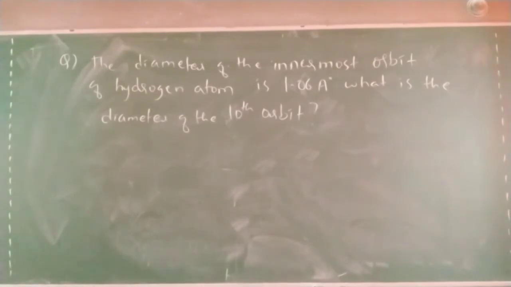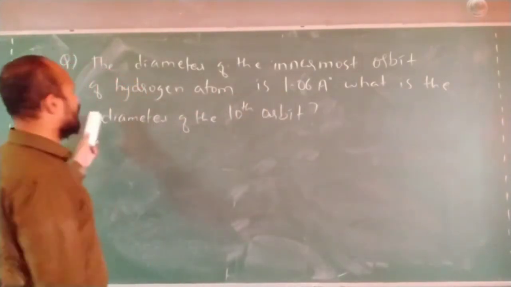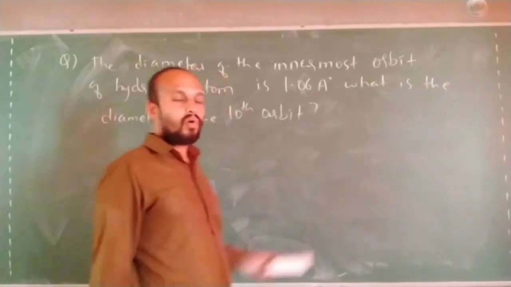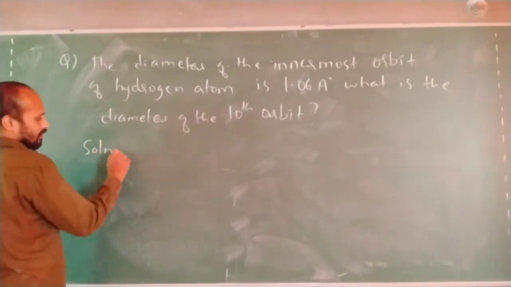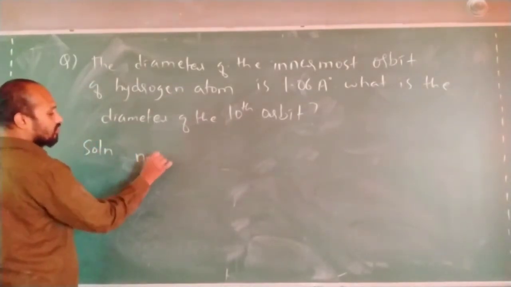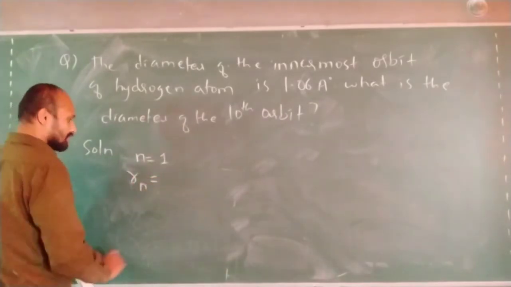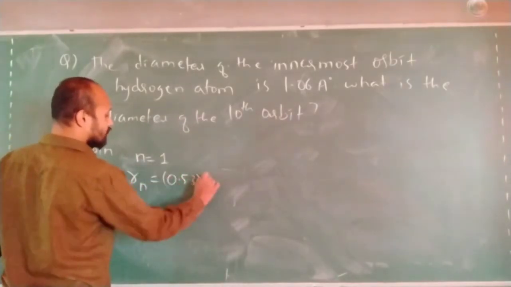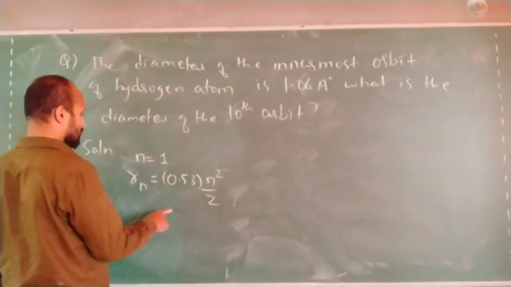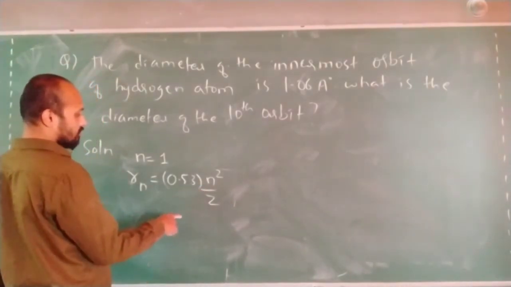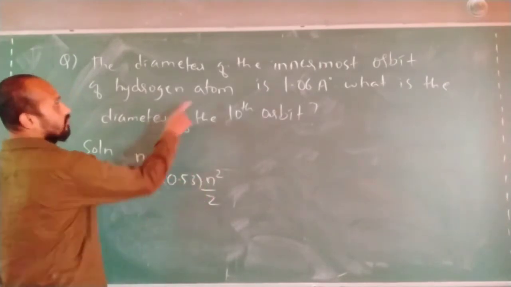The diameter of the innermost orbit of hydrogen atom is 1.06 angstrom. What is the diameter of the 10th orbit? For the innermost orbit, n is equal to 1. The radius we know: 0.53 into n square divided by Z. Which atom is it?